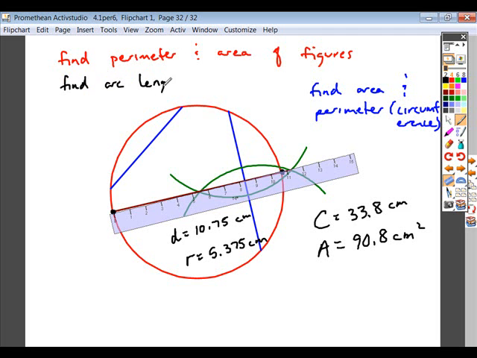Arc length really winds up being the same sort of thing. If I had asked you to find arc length AB, what would you need to do? Your arc length equation is m over 360 times d pi. We found our diameter right here, 10.75.